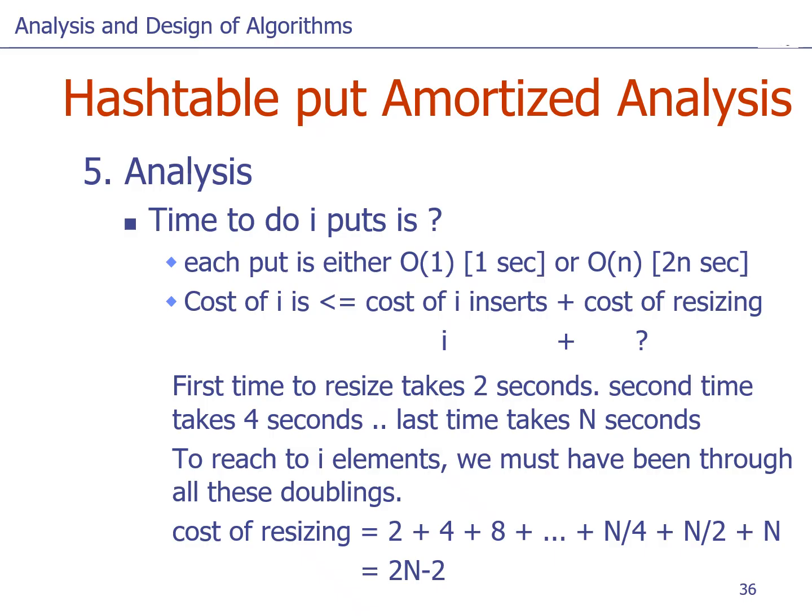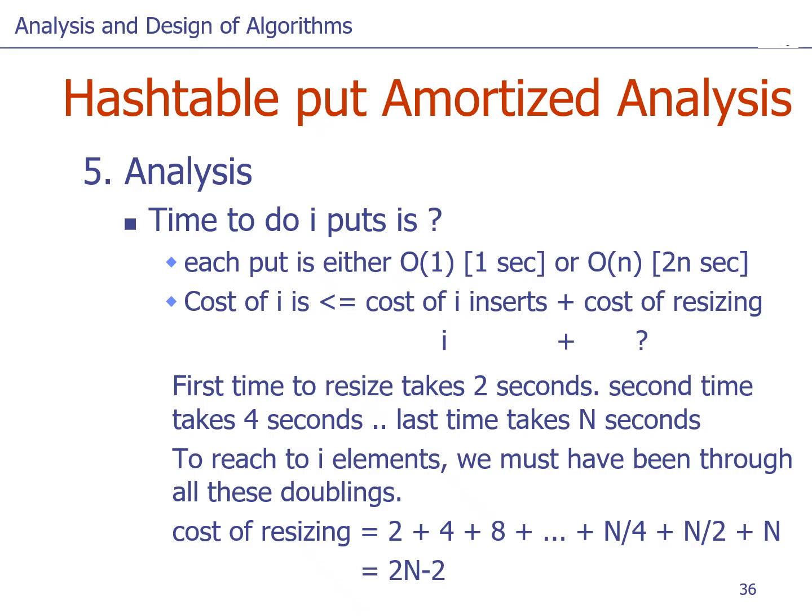So I'm just going to talk about them in terms of the last size I have, which is the one I currently have after doing I puts, and that one I will assume is big N. Now before it, I must have done some work on n by 2, just like I have explained. Okay, so in total I have done 2n minus 2 units of time doing resizing.